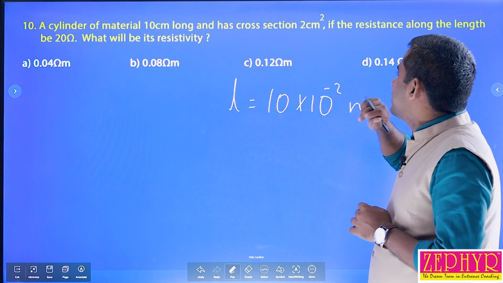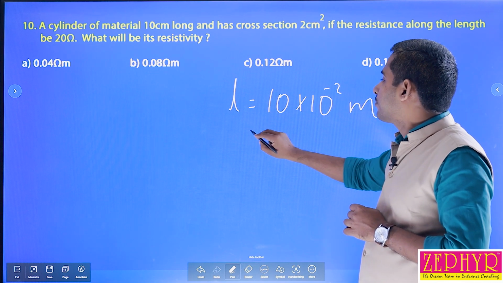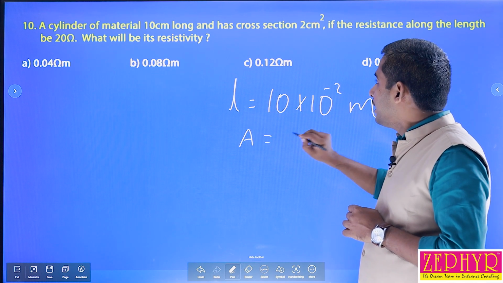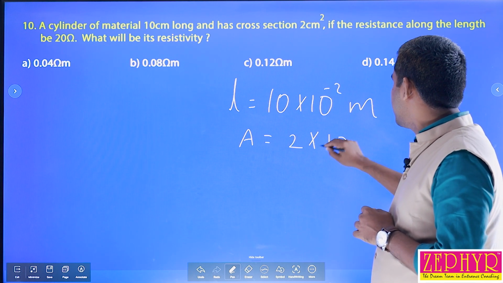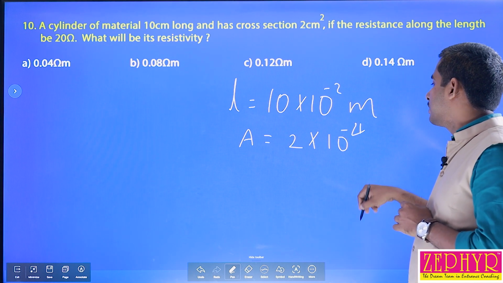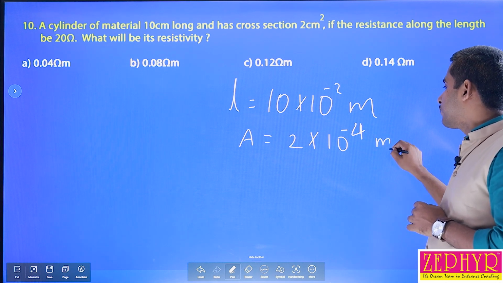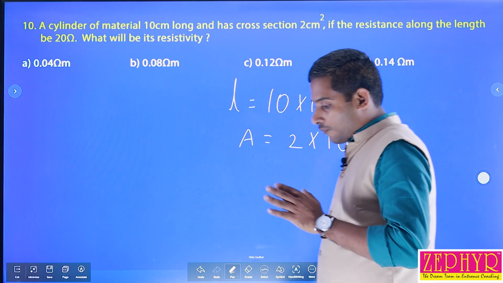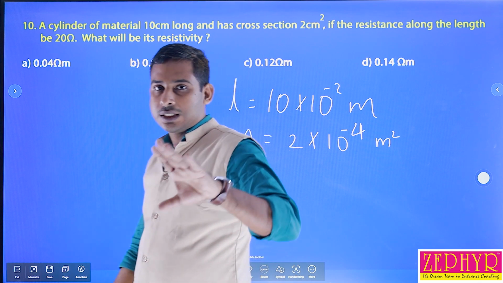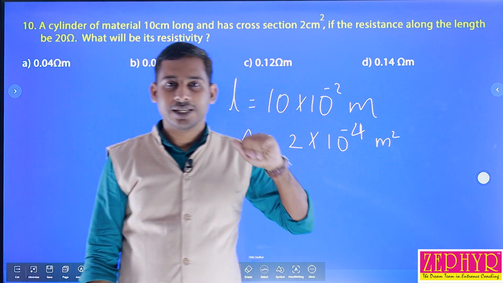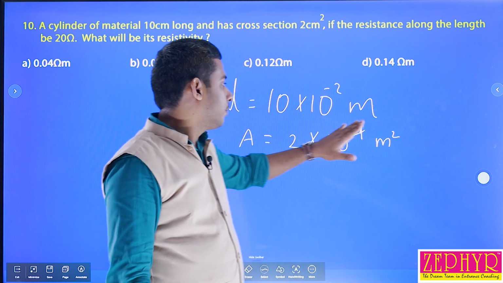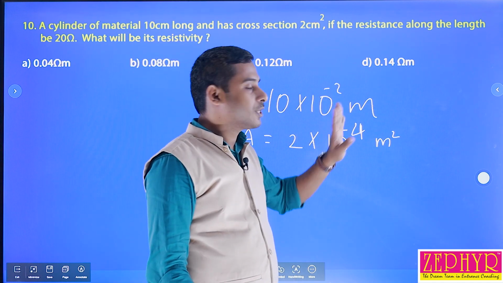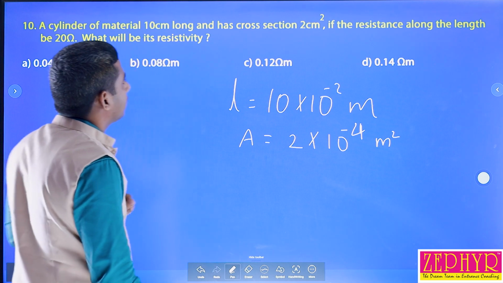Then they are saying area of cross section. Area we can say 2 centimeter square. How we can convert? 10 raised to minus 4 meter square. For 1 centimeter, 10 power minus 2 multiplication is needed. If the square is minus 2, square will come, that means 10 raised to minus 4 meter square.